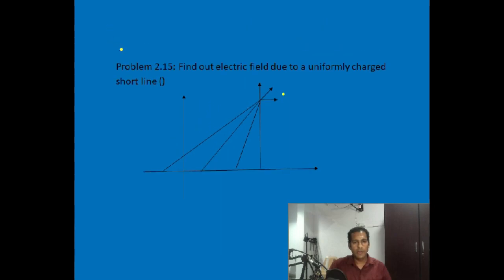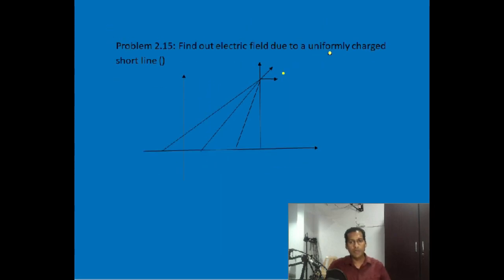Now in this example, one diagram is given and we have to find out the electric field intensity. So in this diagram, some data is given. So I will note it down. Say here we have a point P. This is point P. There are these two axes.